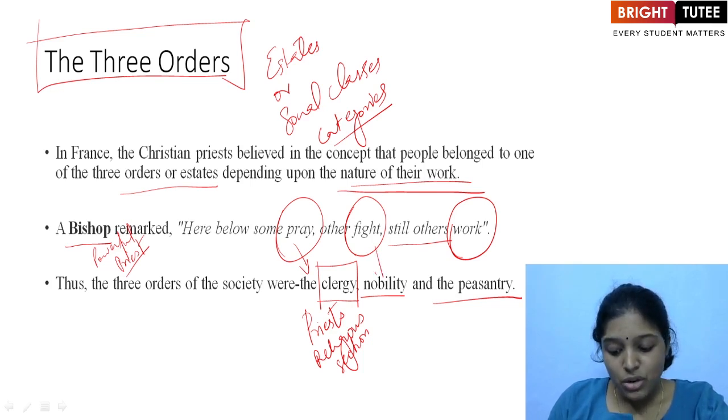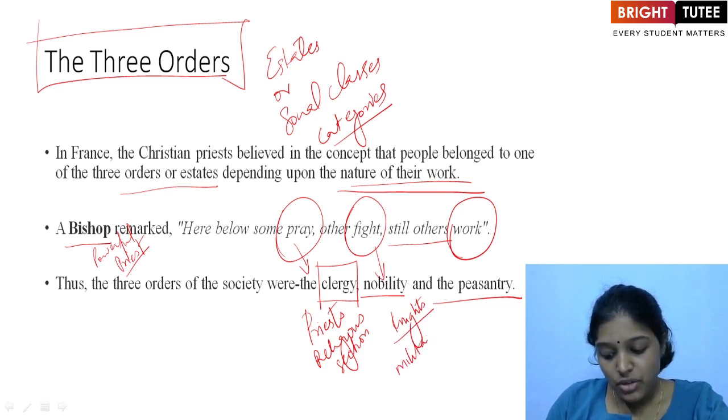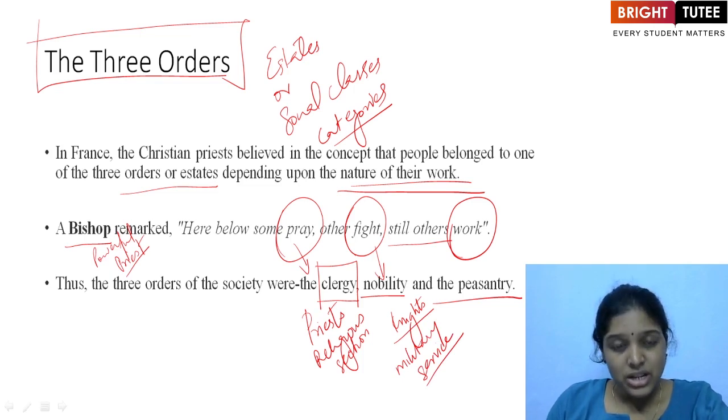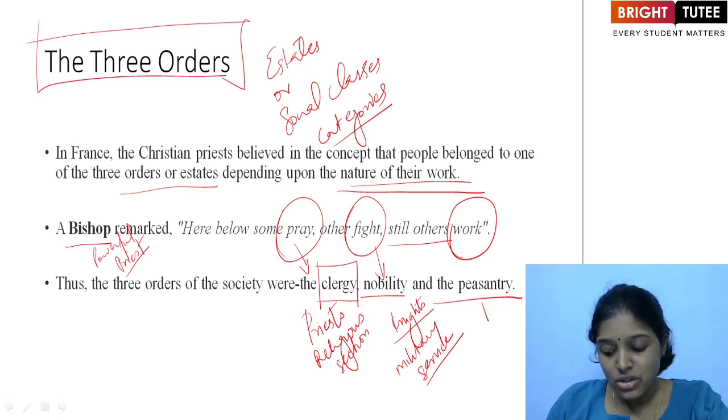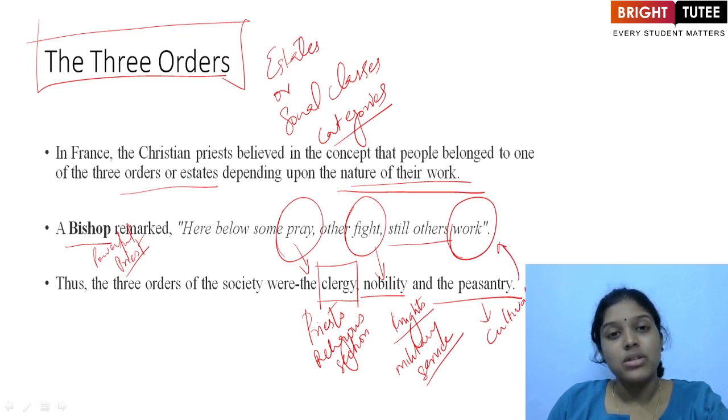And then comes the nobility. They are the section who formed the knights or the military class who gave military service to the Lord. And then came the last stratum, at the lowest level, the peasantry or the cultivators, whose task was to work or till the soil.